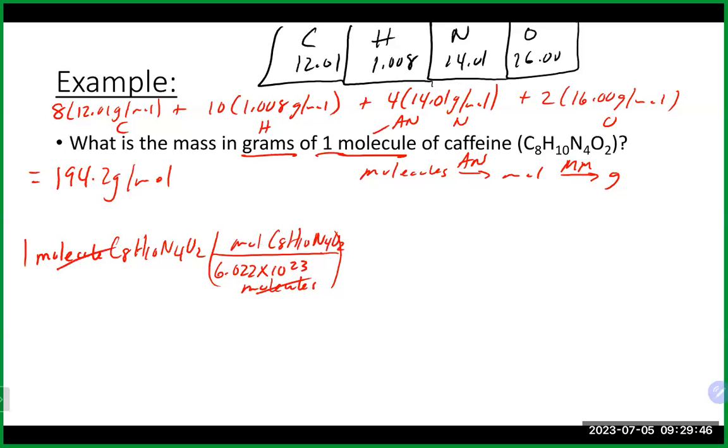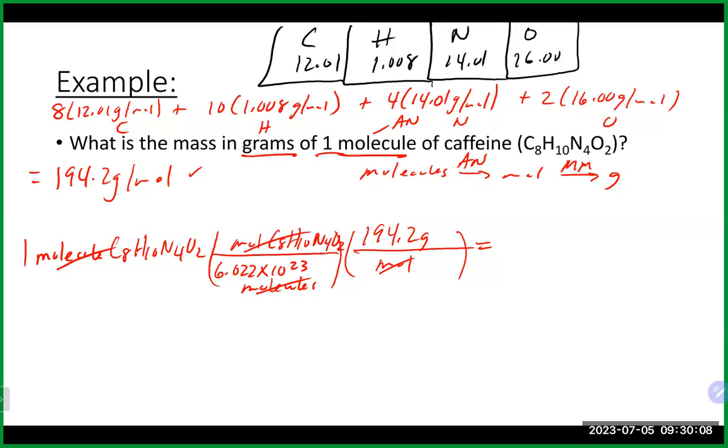The molecules will cancel at this point. We have moles. We want to get to grams, so we're going to use our molar mass here to do that. We have moles up on top, so in this case, moles would go on the bottom. Our 194.2 grams would go up on top. That way our moles will cancel, going to leave us grams.